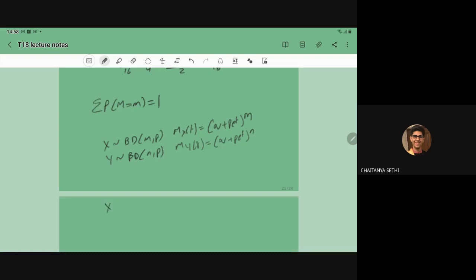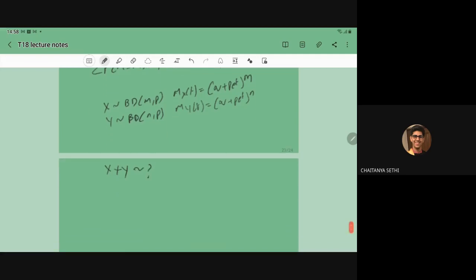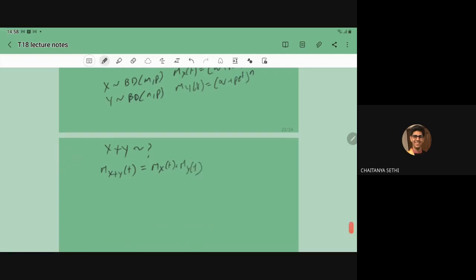You have to determine the distribution of X plus Y, right? X plus Y follows which distribution? So M of X plus Y at t is nothing but M_X(t) into M_Y(t). M_X(t) we have computed as (q plus p e to power t) power m, and M_Y(t) is (q plus p e to power t) power n.